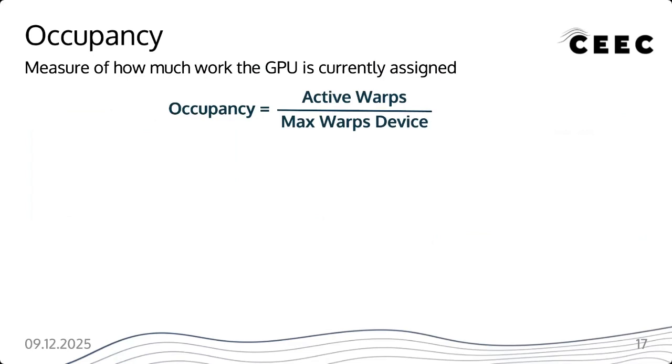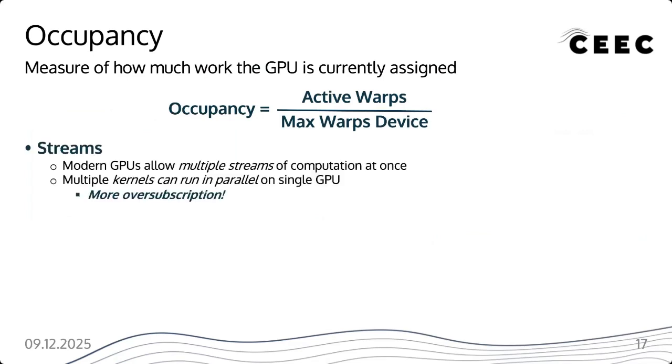I mentioned that before. If you have an operation that takes up way too many registers, this is what's going to start limiting your occupancy, okay? Because there aren't enough registers for all the threads to run, because the threads that are running are taking up all of the memory, okay?